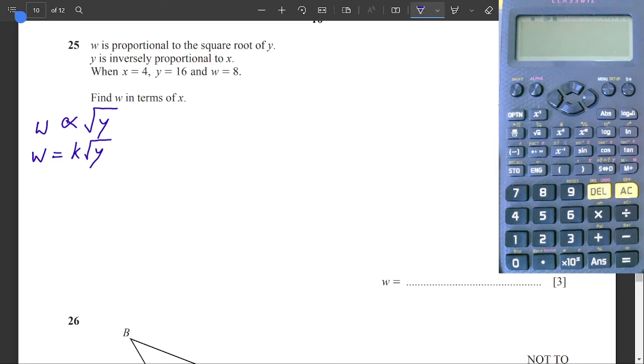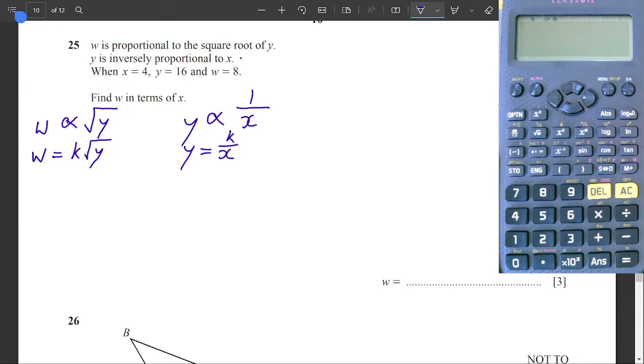Excellent. Then for the next line, it tells us y is inversely proportional, so we put it like this, 1 over 2x. So we can write it as an equation by putting in the constant k over there. Now I've written those two first lines into mathematical equations we can work with.